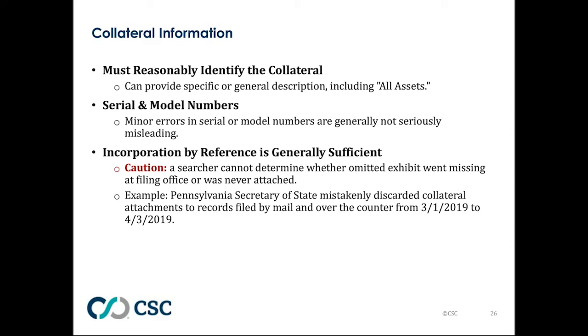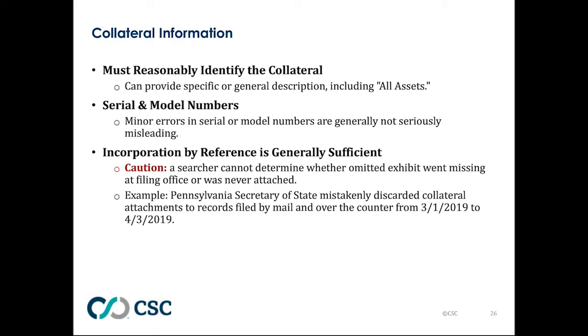Oftentimes you'll see collateral incorporated by reference. It'll say, see attached Exhibit A for collateral, or words to that effect. Sometimes the exhibit or schedule that's referenced isn't there. And if it was left off by the filer, guess what?